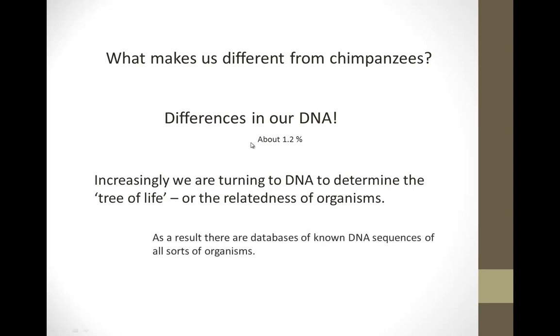Since we've been doing this, there are databases that have been built of known DNA sequences. In other words, DNA sequences from known organisms. And so, for example, if you looked at the DNA sequence of human hemoglobin and the DNA sequence for chimpanzee hemoglobin, you could look at the differences and you could see how different those two genes are. Some databases contain whole genomes.